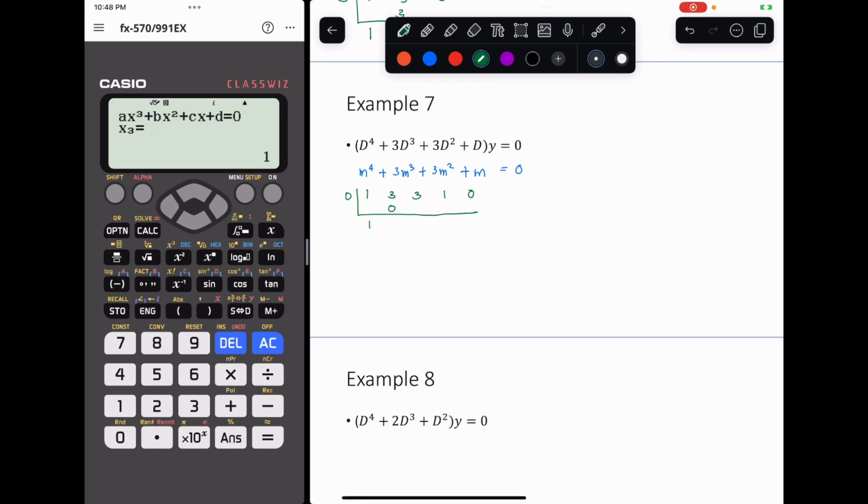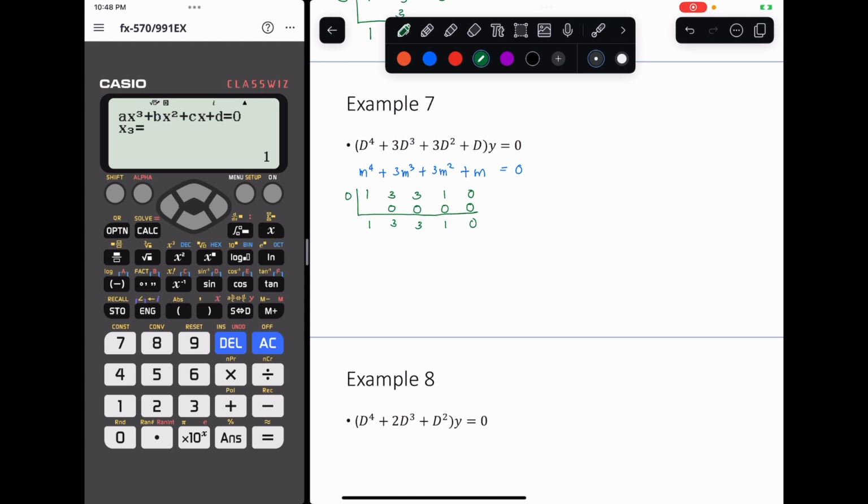So 3 plus 0 is 3. 3 times 0 is 0. So 3 plus 0 is 3. 3 times 0 is 0. So 1 plus 0 is 1. 1 times 0 is 0. So 0 plus 0 is 0. Therefore, one of the roots is 0.